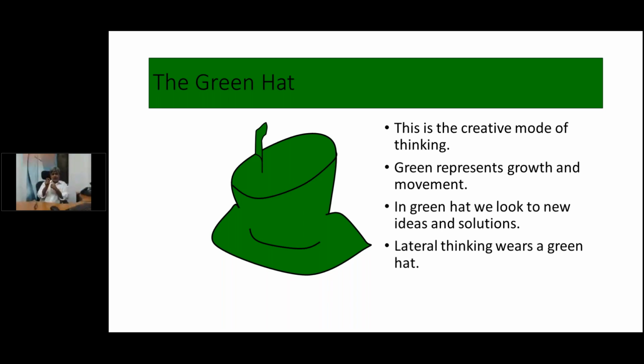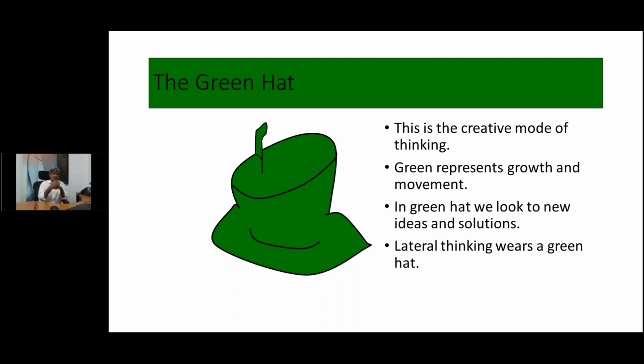Convergent thinking is opposite to the green hat thinking style, whereas you look at only one solution at a time. And that is the only solution you think is the best solution. You try to analyze that solution only, the good and the bad about it, and the objective is to implement it.